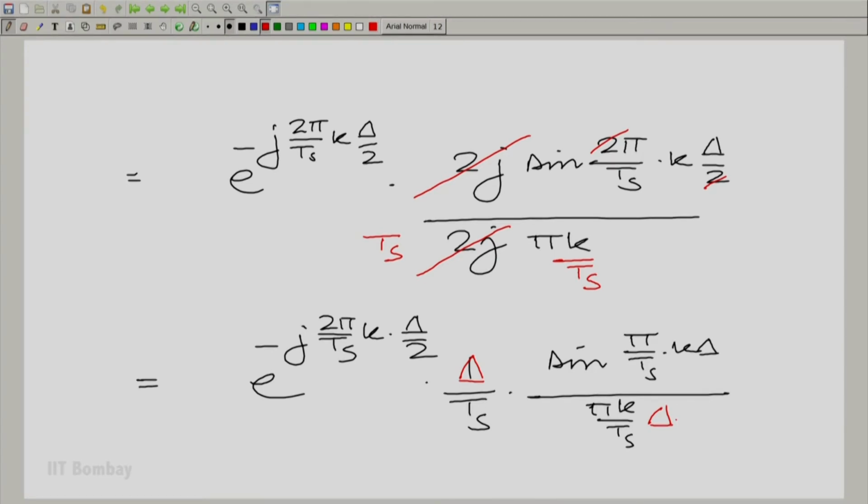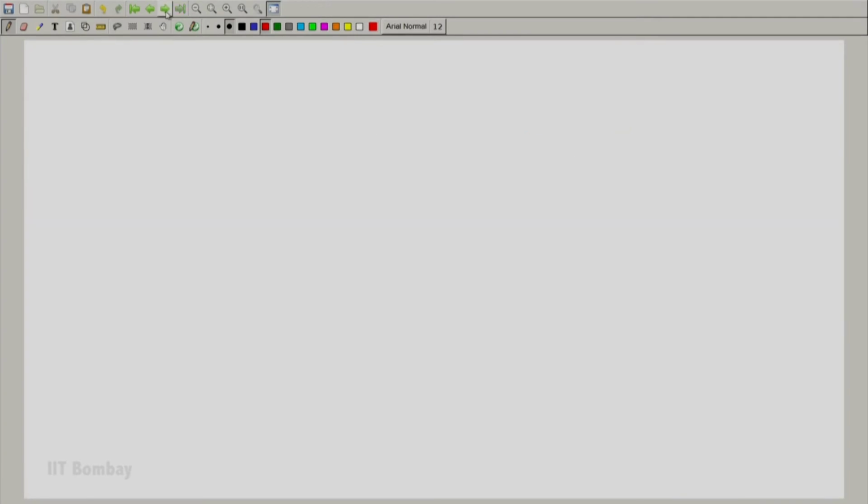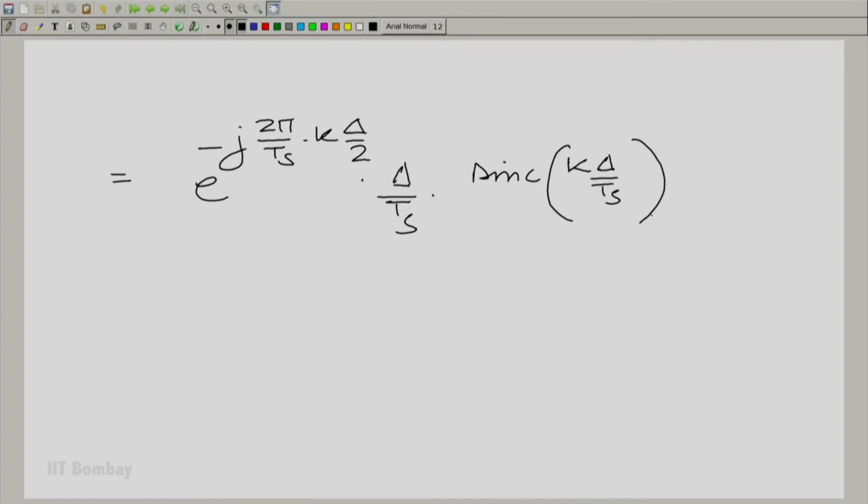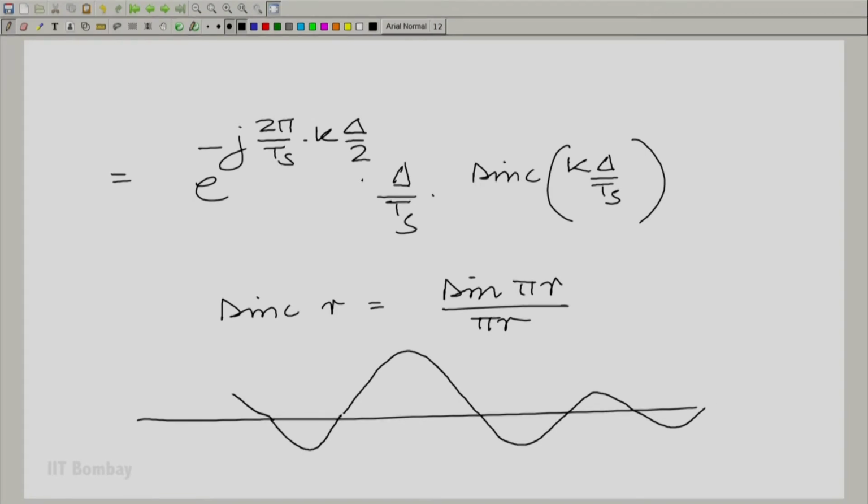Look at this expression here. This is essentially a sinc function, and we can write the whole expression in terms of sinc. Remember that sinc of r is essentially sin pi r by pi r, and you can sketch the sinc function like this.